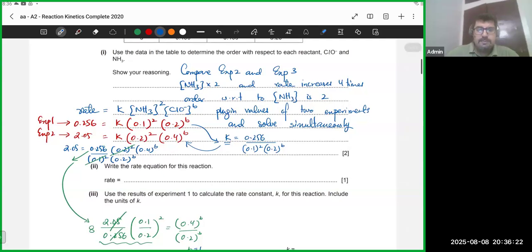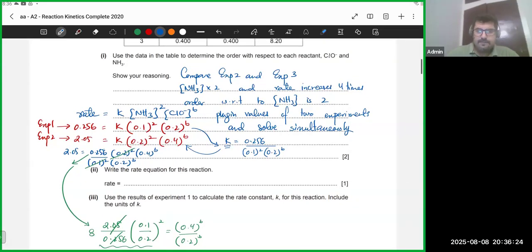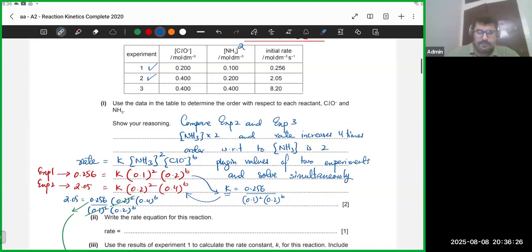So remember, again, I'm just going to recap everything. In this question, you're going to have trouble because you won't be able to experimentally figure out the order in cases where you can't find a direct relationship between the rate and ClO minus 1, because in this case the other variable is also changing, and you don't want the other variables to change.